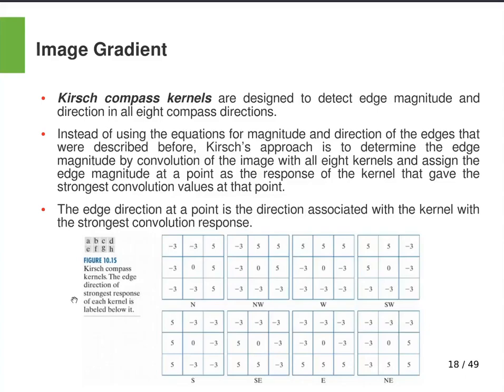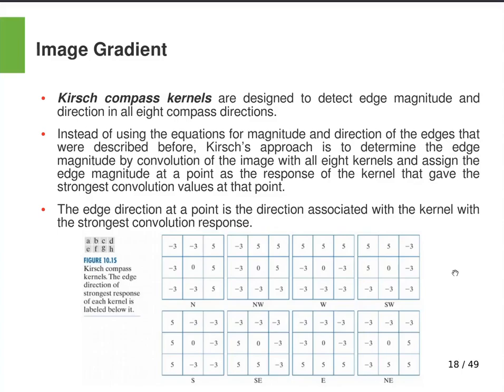There is a very famous set of kernels that are designed to detect edge magnitude and direction in all 8 compass directions. It's called Kirsch compass kernels. So these 8 kernels are basically the set of Kirsch compass kernels.